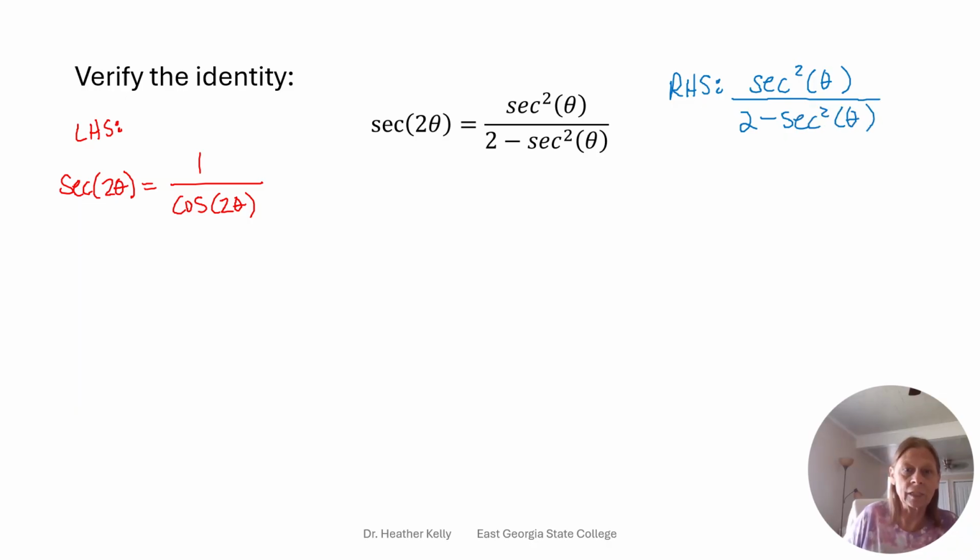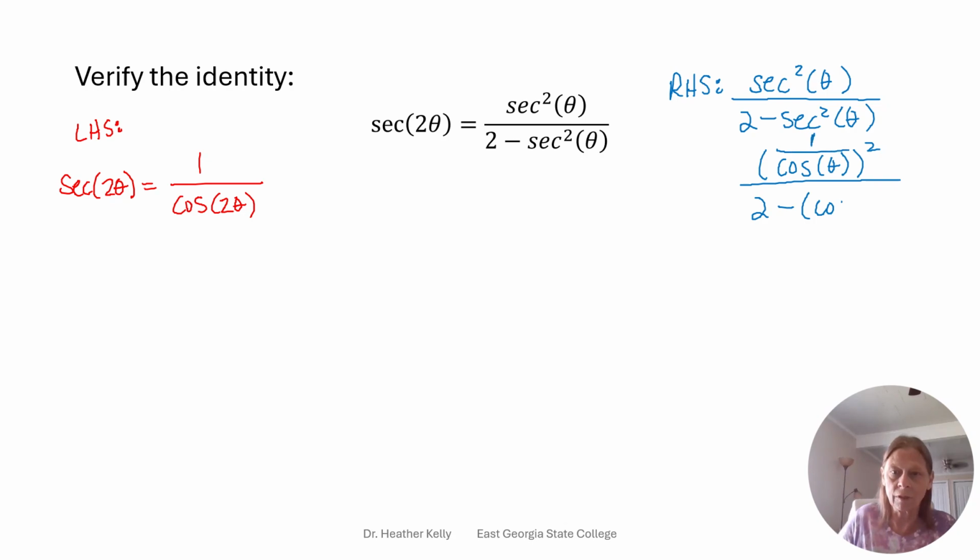And because we're dealing with cosines over here, we want to get rid of those secants and turn them into cosines. So this would be 1 over cosine theta squared, over 2 minus 1 over cosine theta squared.